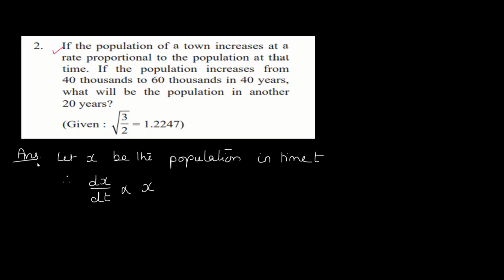Now suppose x is the population at time t. Let x be the population in time t. So therefore we have dx upon dt proportional to x, and therefore we can say that dx upon dt is equal to k into x, where k is the proportionality constant.